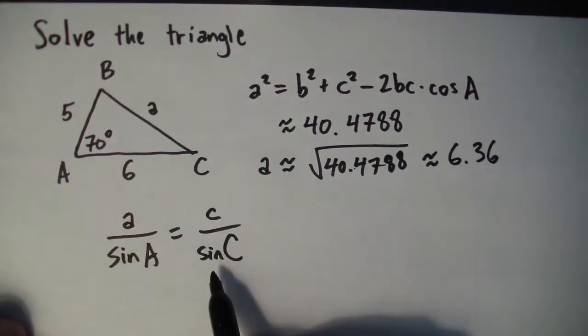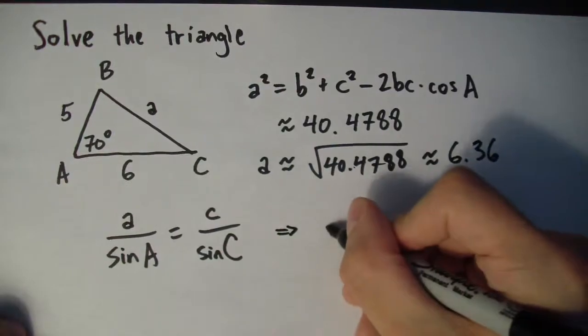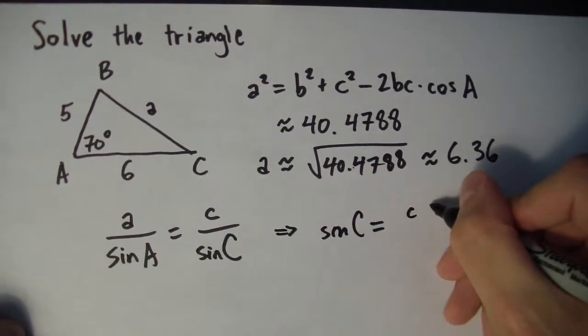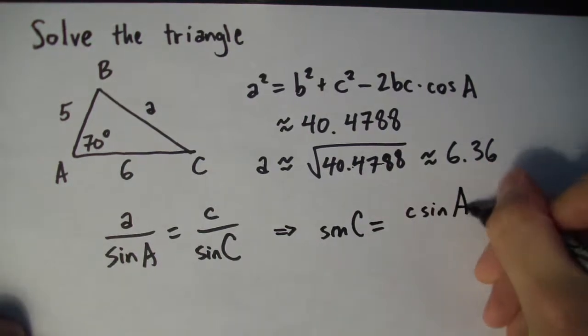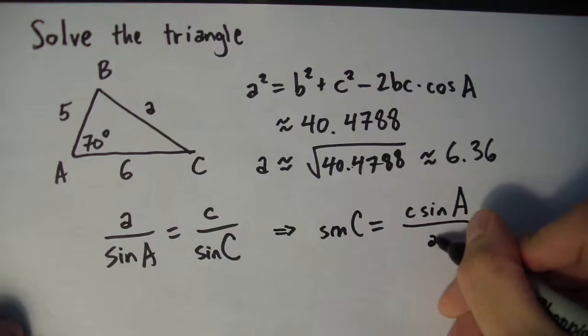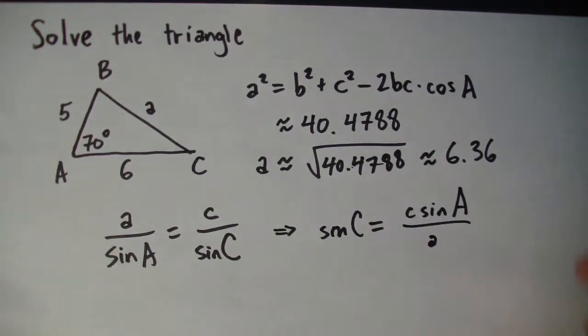So if we rearrange this a little bit, we cross multiply and solve, we find that sine C is equal to c sine A over a.